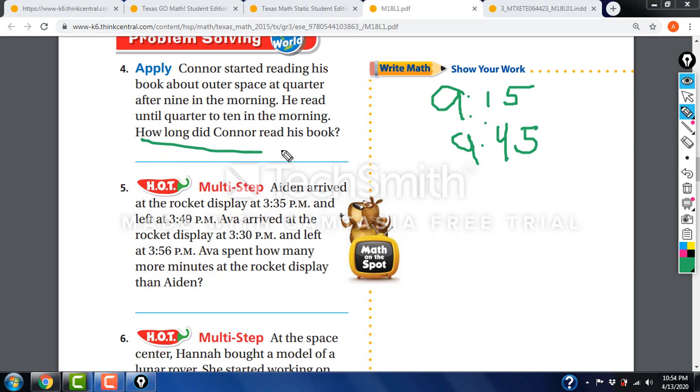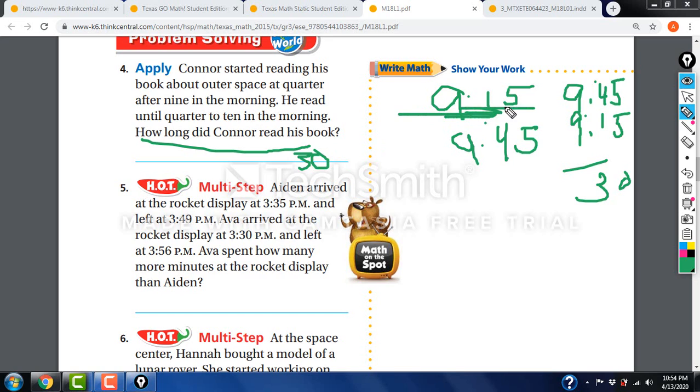So how long did Connor read his book? So now we're going to use simple subtraction, and of course, the larger number goes on top, and then you subtract. 30 minutes. It took him 30 minutes. The key is this: knowing this is a quarter after, and knowing this is a quarter before. Or until, I'm sorry. A quarter until.